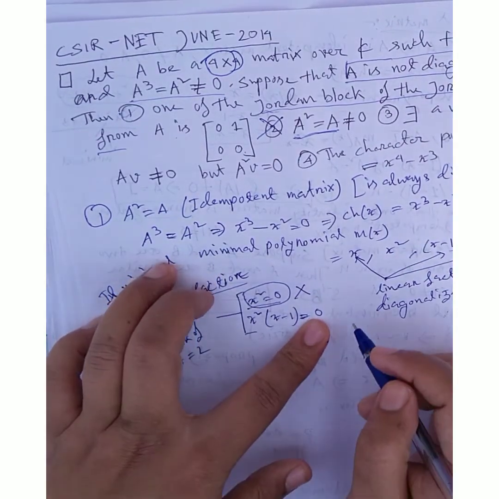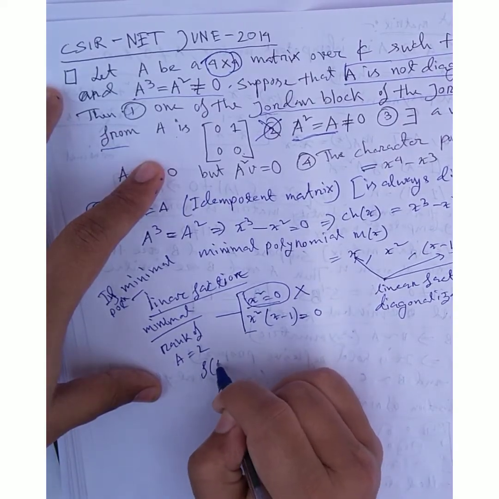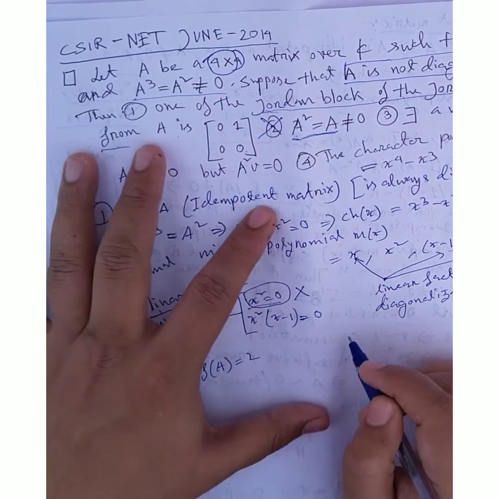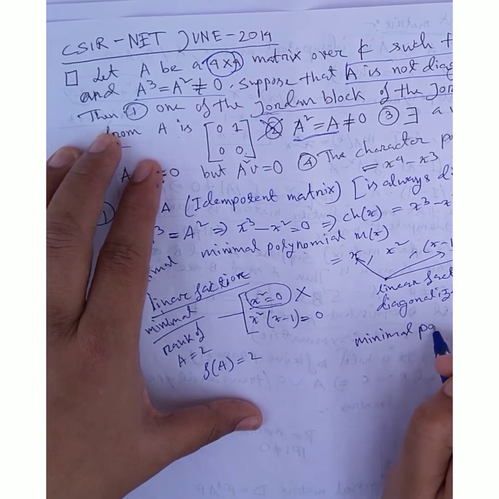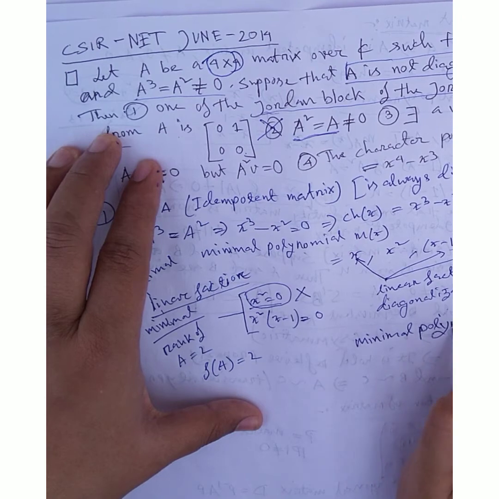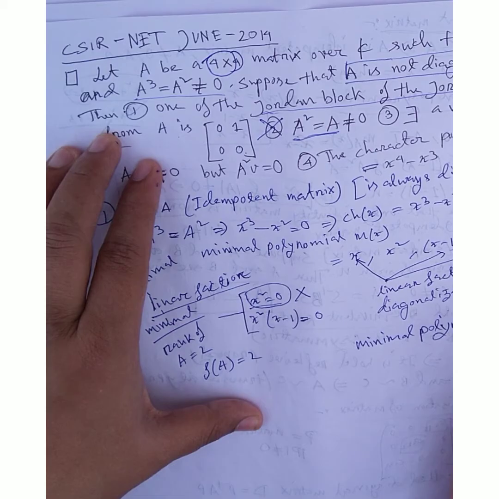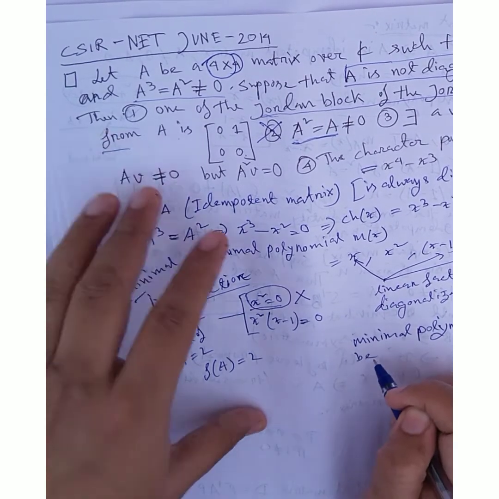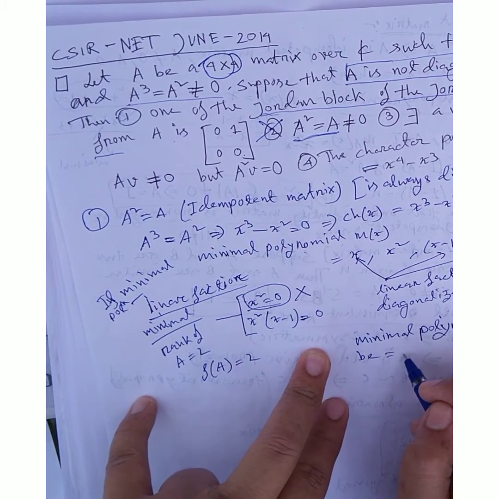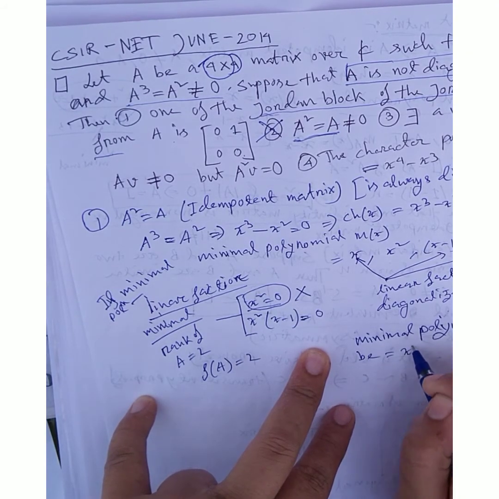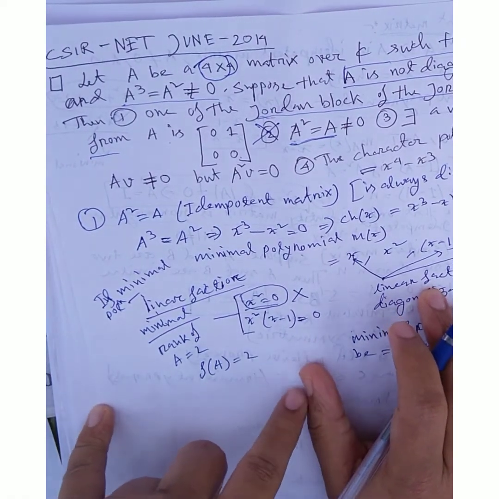Rank of A is equal to 2, so x square equal to 0 is not possible. So my minimal polynomial should be x square into x minus 1.